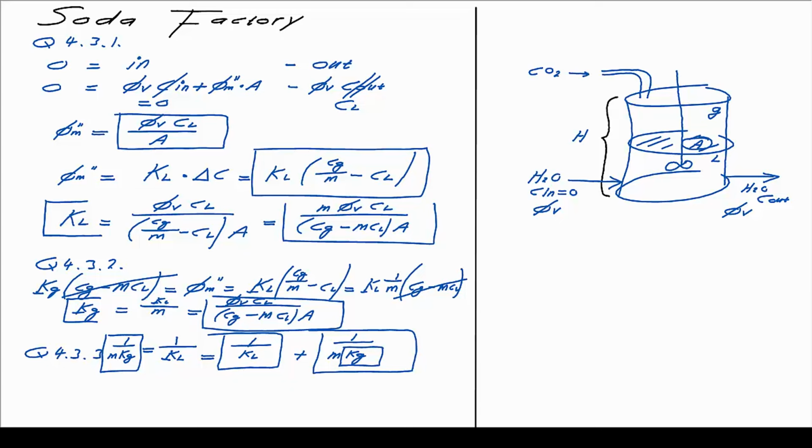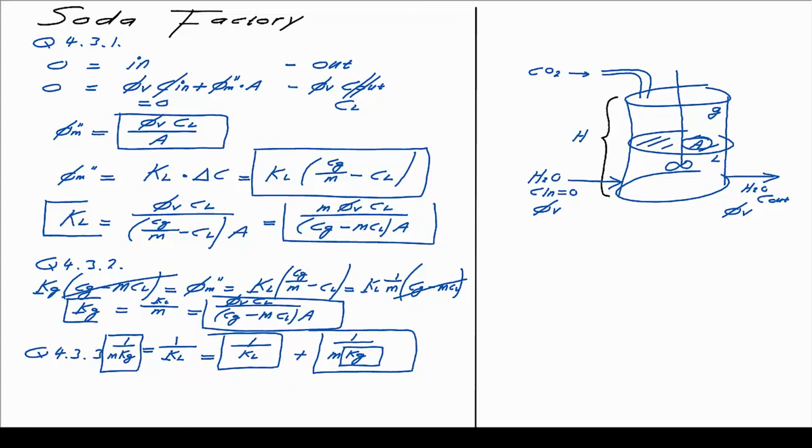In this case, because we have pure CO2 gas above the water, there is no transfer of CO2 within this layer, within this phase. So there's no resistance here. What you could also say is that the small kg is infinite.